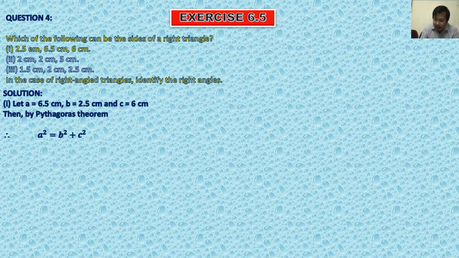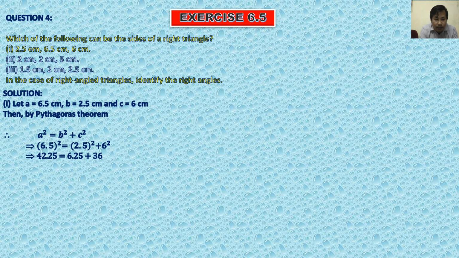Now next we have A square. A is 6.5 centimeters, so we take this 6.5 and square it, and B is 2.5 and C is 6, so we square their values. On the left hand side you see it is 6.5 square, and on the right hand side it is the sum of the squares of the other legs, that is 2.5 square plus 6 square.